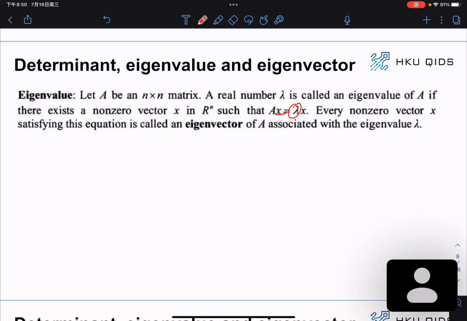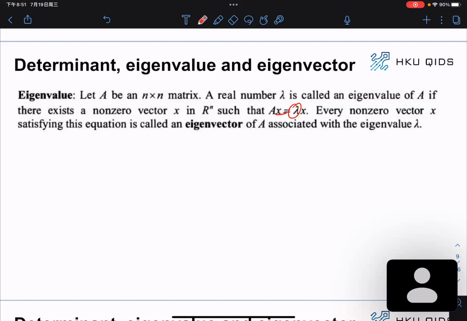So the idea is quite simple, but it is actually a quite crucial concept, because it gives the foundation of things like Markov chains, principal component analysis, ordinary differential equations, right? All its importance is linked with eigenvalues and eigenvectors.